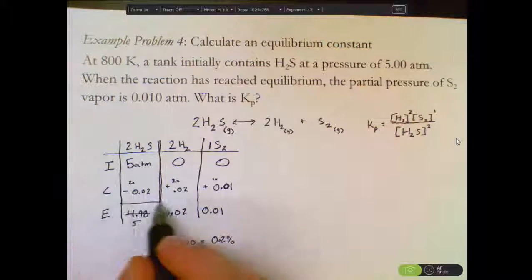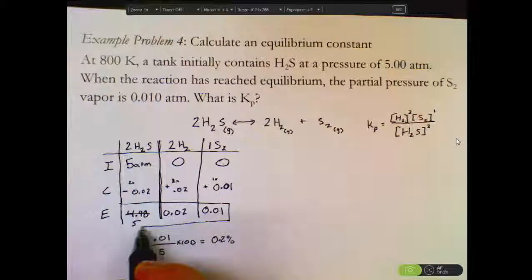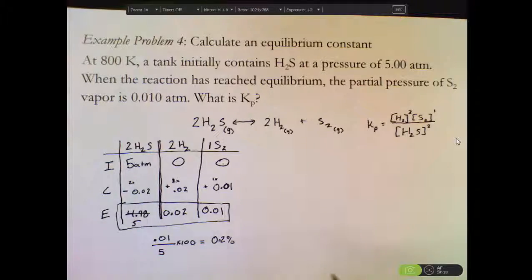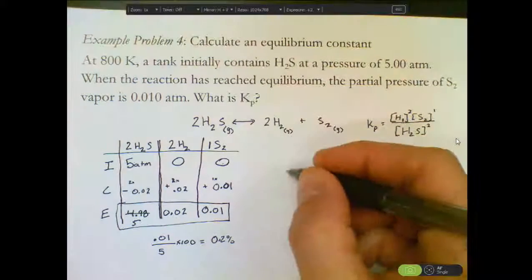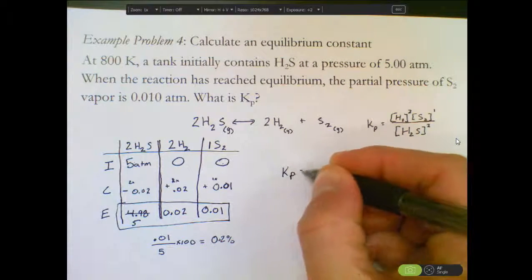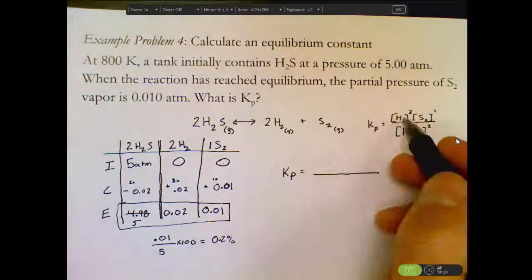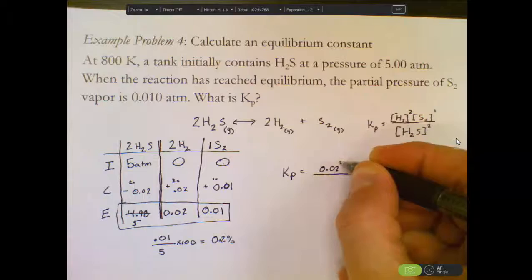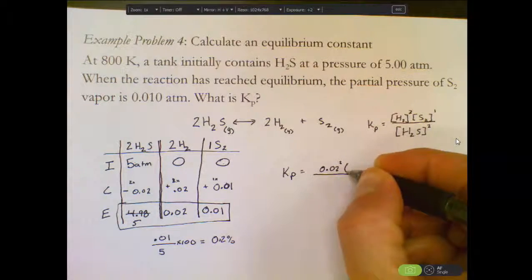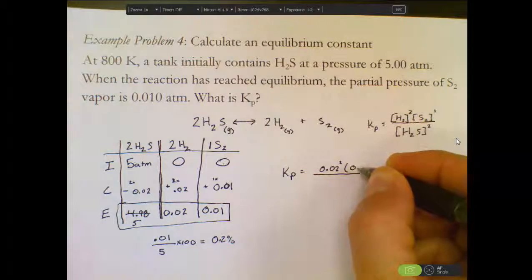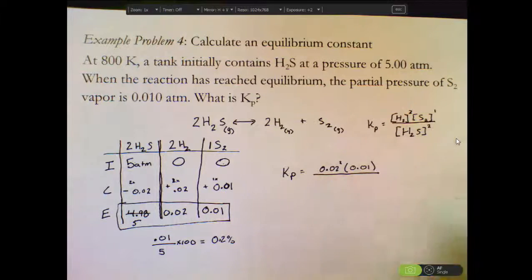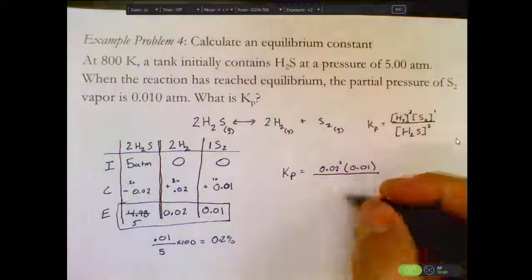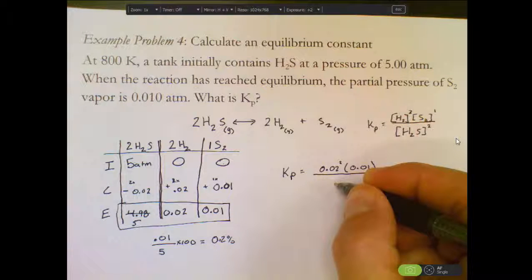Now that we know the equilibrium values, we can plug them into our expression. So Kp, which is what we're solving for, is equal to H2, so 0.02 squared times 0.01, all divided by, you can either run this as 4.98 or 5. They really end up becoming the same thing.